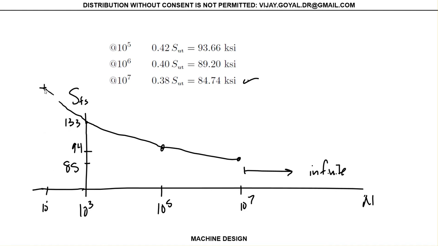That value is SSUS, and I don't need that value. This value is 94. We use basically the end values. This is about 85. So this is what your plot looks like, and I want to design for infinite life.